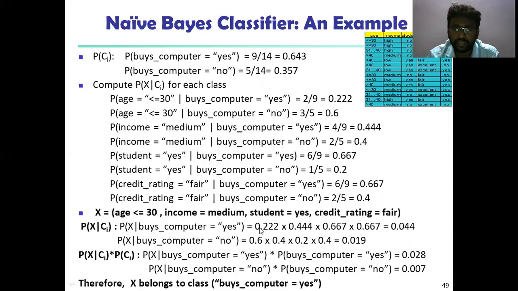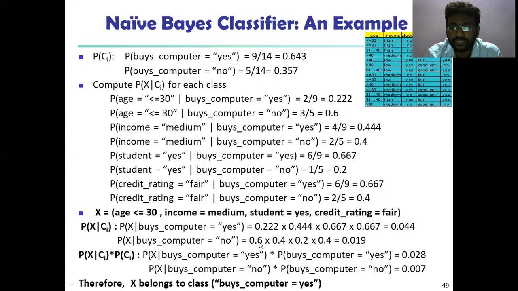Here 0.222 refers to the yes value of age less than 30, and 0.444 refers to income is equal to medium given yes, and 0.667 refers to student is yes and buys is yes, and 0.667 refers to credit rating fair. So when you calculate these, we get 0.044.